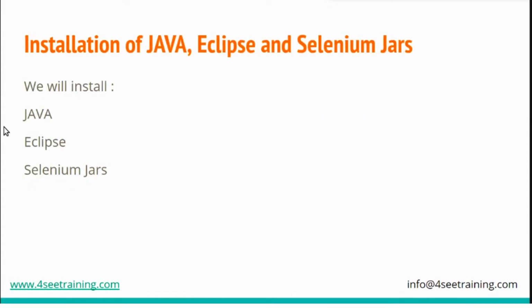We studied how to install Java, how we use Eclipse as our IDE for writing code, and how to install Selenium jars and import them in Eclipse. So this configuration we did in the last session.